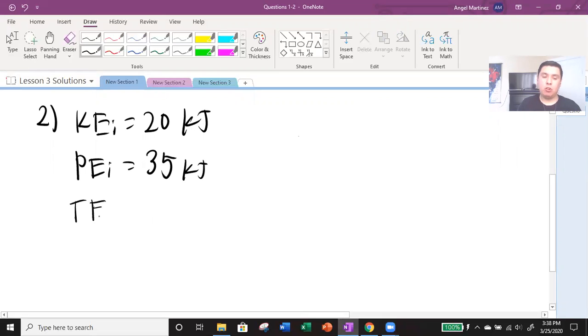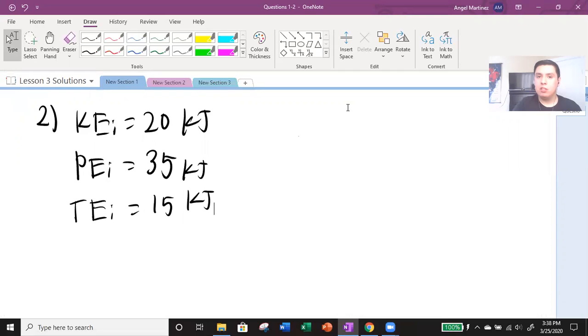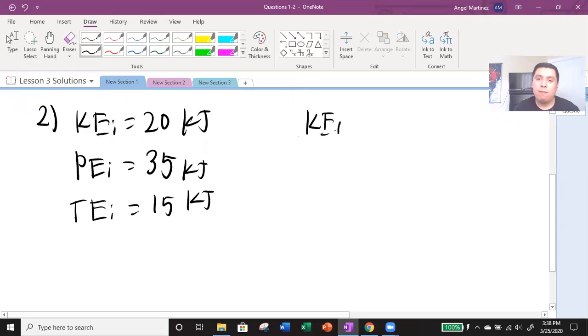And the initial thermal energy is 15. Sorry about this. Let me just check something. Then I gave you KEF was 7 kilojoules. PEF, we don't know. And TEF was 13.